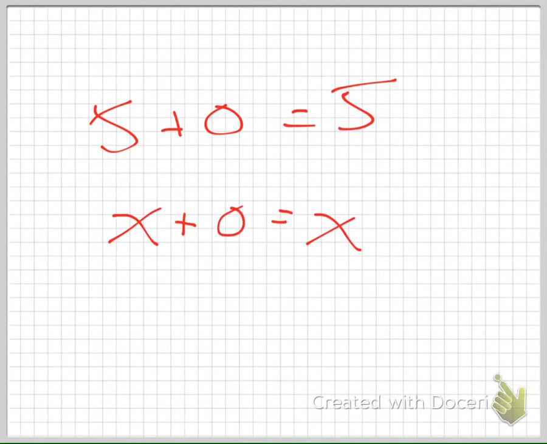The additive inverse property: a number and its opposite are additive inverses of each other. In other words, and this is a good one, if I have 5 and I add negative 5, what does that equal? 0. You take a number and you add its opposite, or its inverse, it's going to equal 0, right?